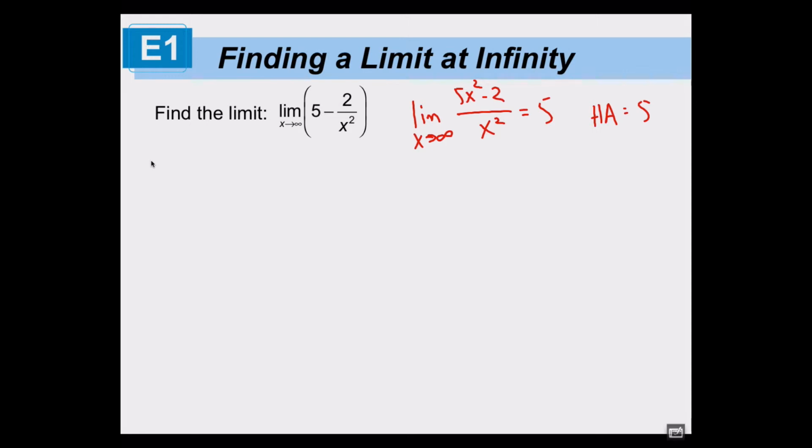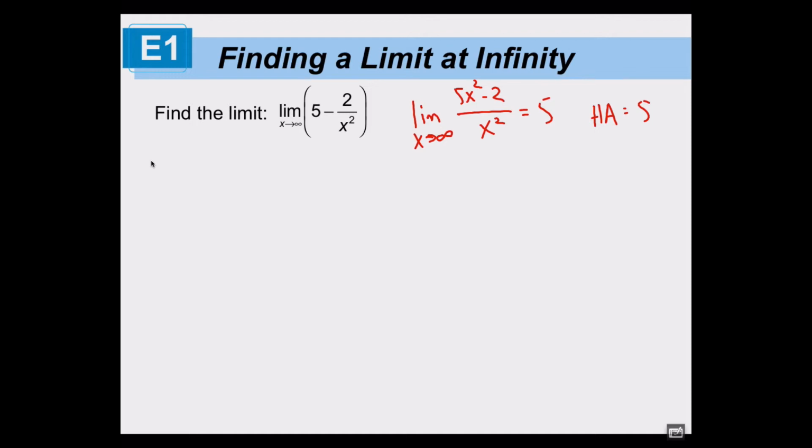Any ideas? You just plug in. Wait, how do you get infinity from the bottom? Oh, you want to plug and chug? I like it. So if I plug infinity into that function, what's the limit as x approaches infinity of 5? No, just of 5.